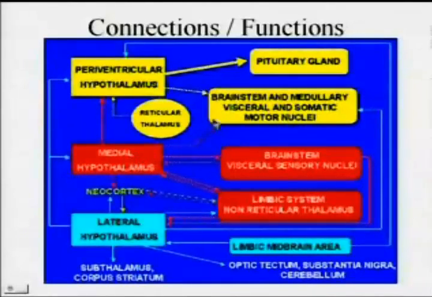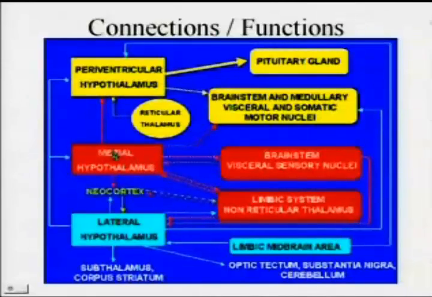The medial hypothalamus also projects there, with reciprocal connections between the medial hypothalamus and the brainstem visceral sensory nuclei, so visceral sensory information can come to the medial hypothalamus and then get to the periventricular hypothalamus through that local circuitry.